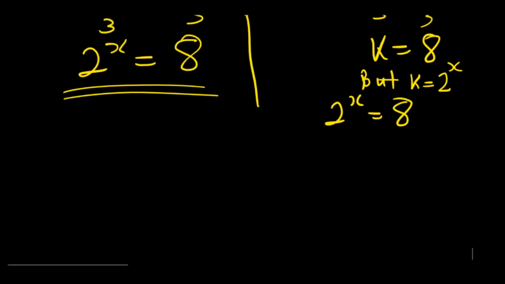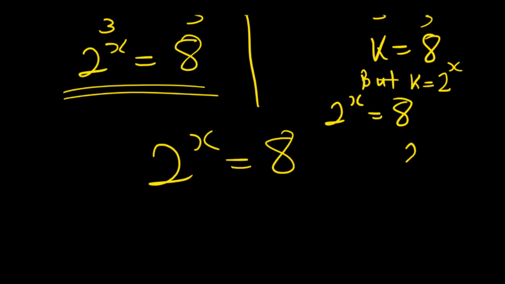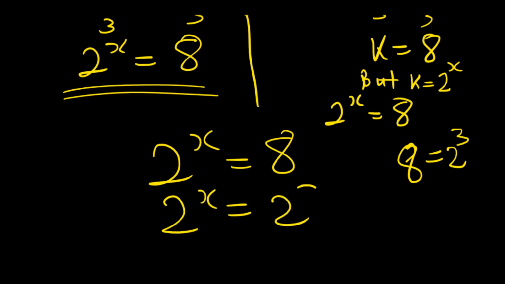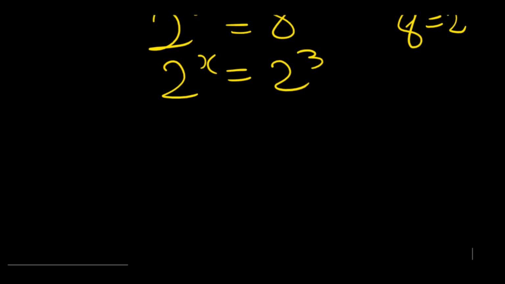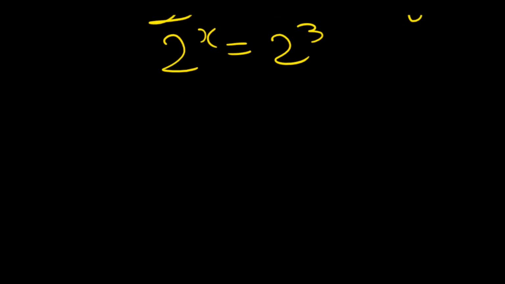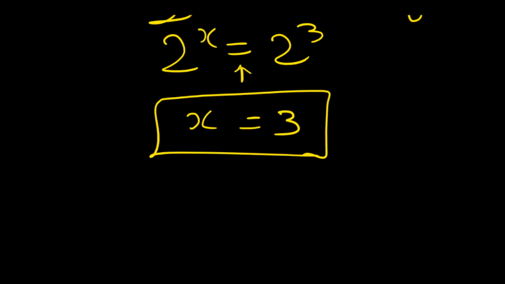Now you can solve your problem. 2 to the power of x equals 8, of which we know 8 is formed by 2 to the power of 3. So we have 2 to the power of x equals 2 to the power of 3. Same bases, you drop the bases and equate the exponents. Why? Because there's an equal sign here. It's going to be x equals 3. So this is your solution for this problem.